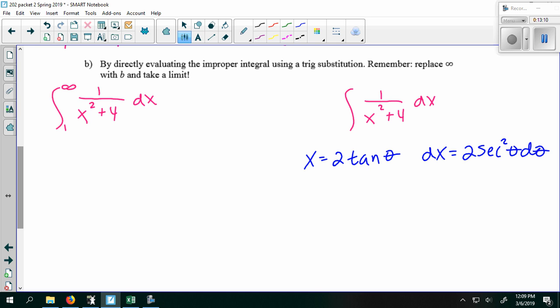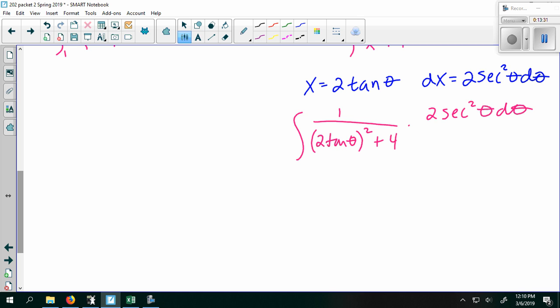And then I sub into my integral. So this is the integral of 1 over, instead of x squared, 2 tan theta squared plus 4, and instead of dx, 2 secant squared theta d theta. Now I'm just going to do some algebraic manipulation on the integrand.